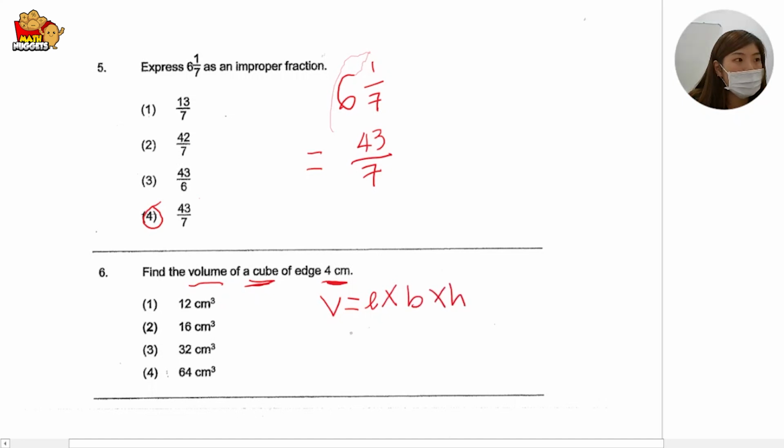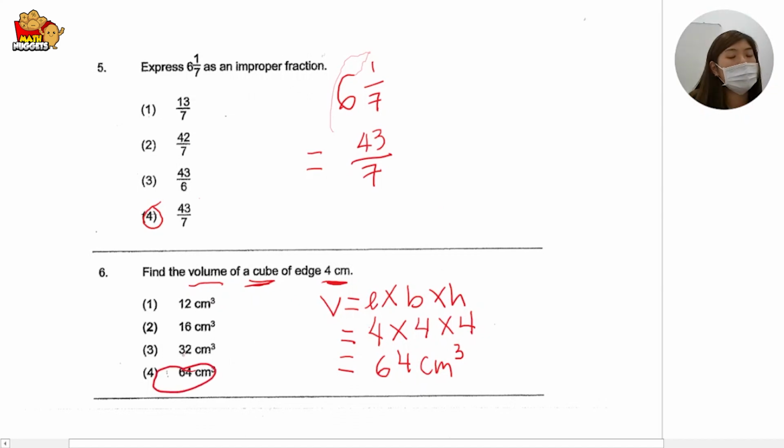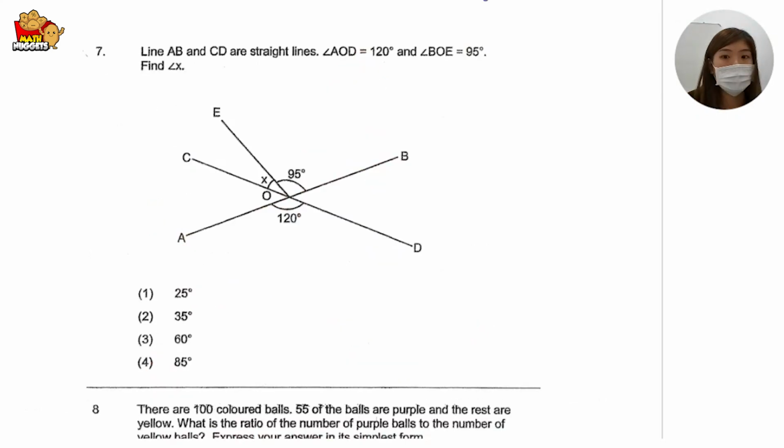And for cube, everything is the same. It's 4 times 4 times 4. And this gives you 64 cm cube, which is option number 4. Okay, for the next question.